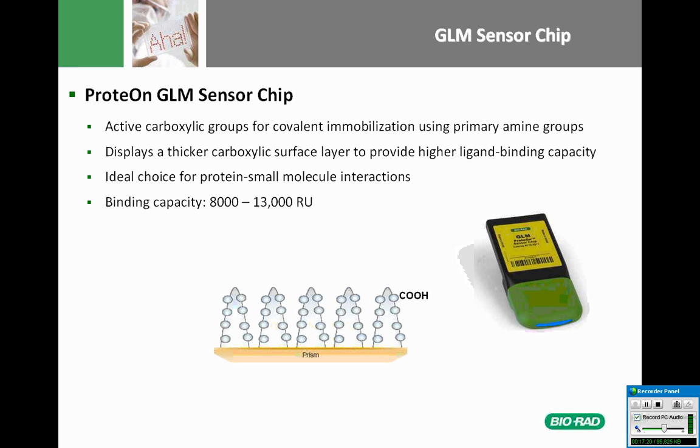The second chip is GLM, which has a medium capacity. It also contains carboxylic groups, but more of them compared to the GLC. This chip is mostly used when your analytes are smaller, like peptides or small molecules, so you can immobilize more ligand on your chip, and therefore introduce more binding sites, so more small molecules bind to the surface, generating a bigger signal.